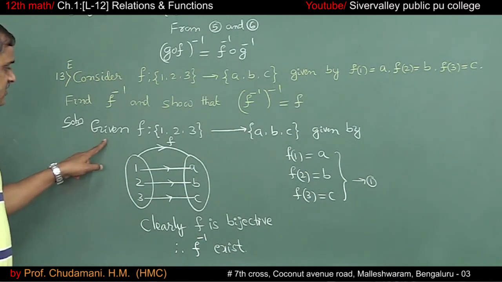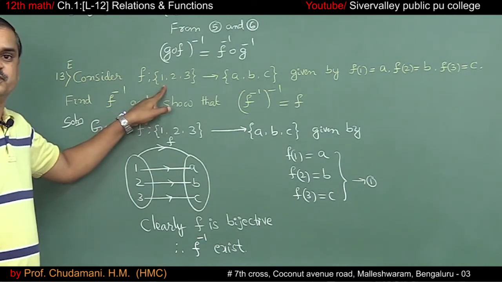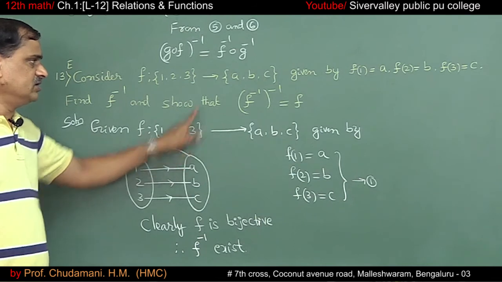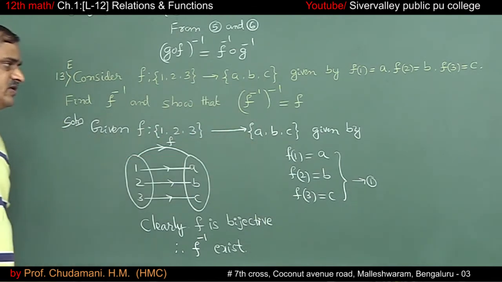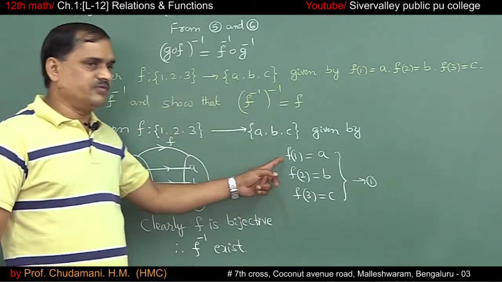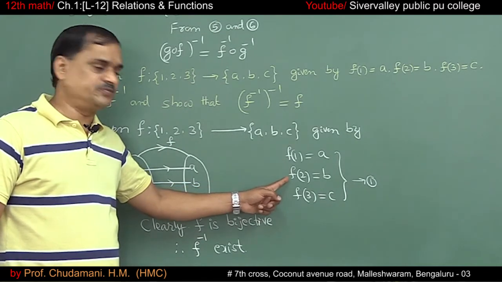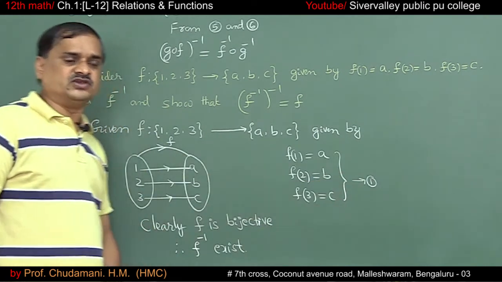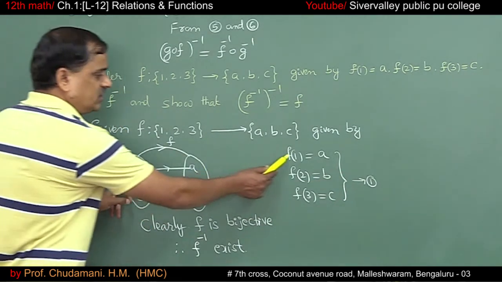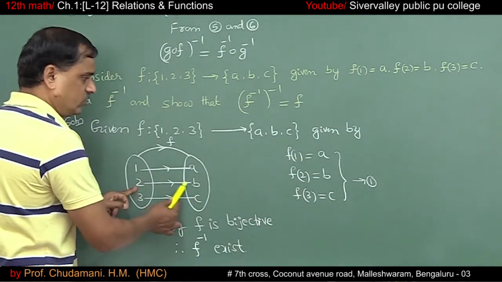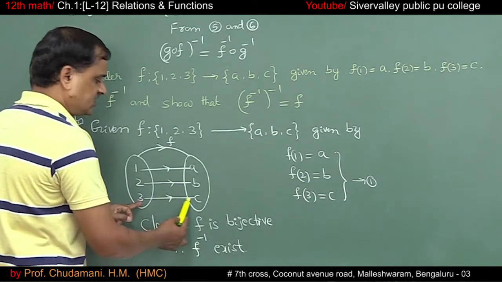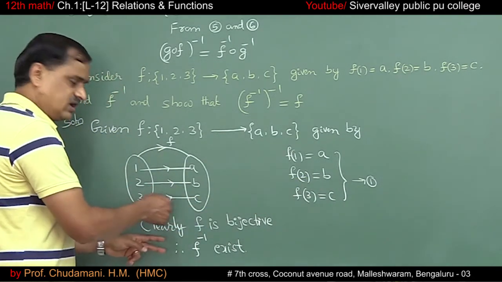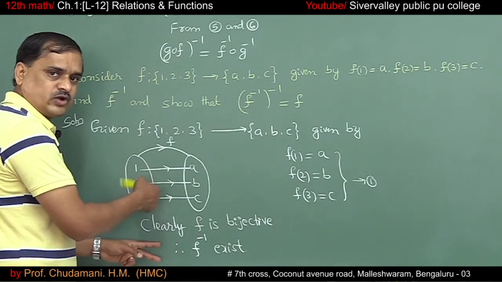Solution. Given the function f from the set {1, 2, 3} to the set {A, B, C} defined by f of 1 equals A, f of 2 equals B, f of 3 equals C. Say equation 1. So 1 associated to A, 2 associated to B, 3 associated to C. Observe the arrow diagram.